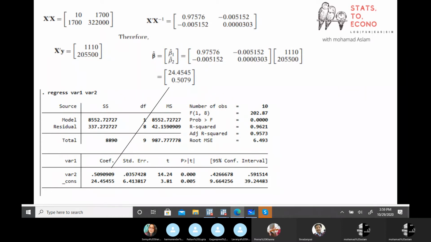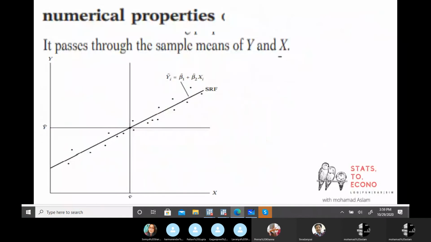But the purpose here is that we need a regression line that will minimize this gap, that is, be representative of the actual data, so that we can rely on that regression line and use it for policy purposes or forecasting, because that's the purpose behind econometric analysis. We are trying to measure either this slope coefficient or this intercept coefficient, so that you can see the changes in the dependent variable due to change in the independent variable.